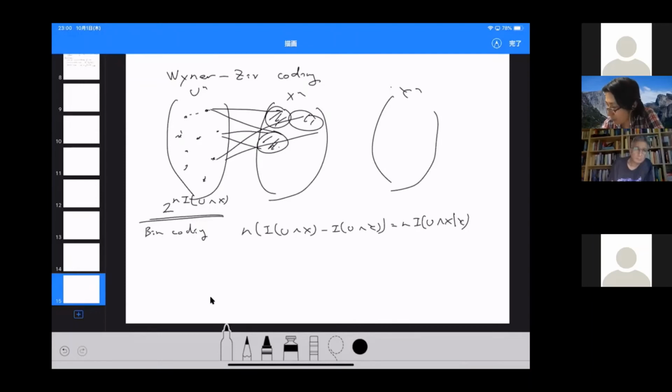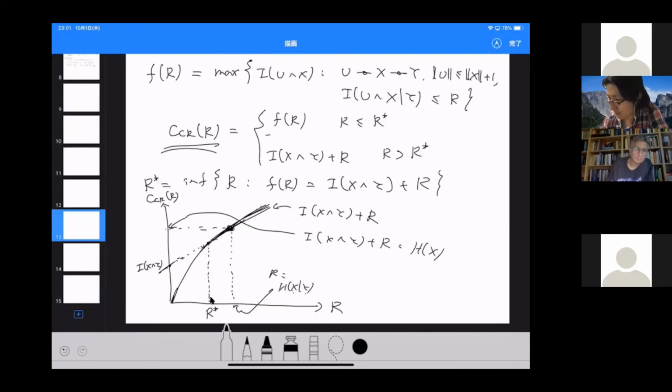And we have to choose the auxiliary variable so that this is less than nR. And then P2 can recover this quantized point. And so P1 and P2 can share roughly n times the mutual information between u and x bits of common randomness. Okay, so this is a very rough idea of how to attain this rate f of r for rate less than the critical rate.